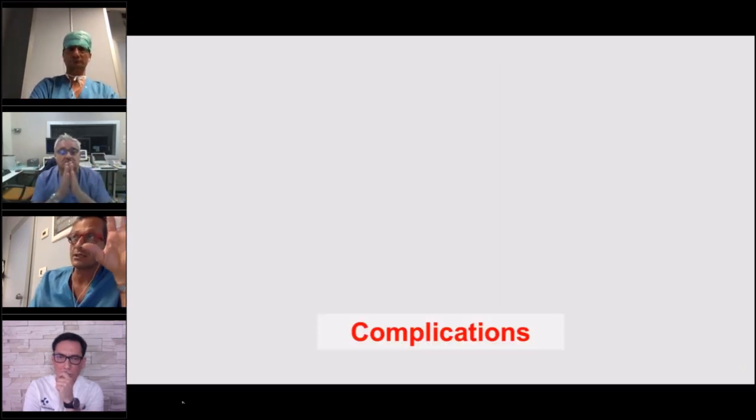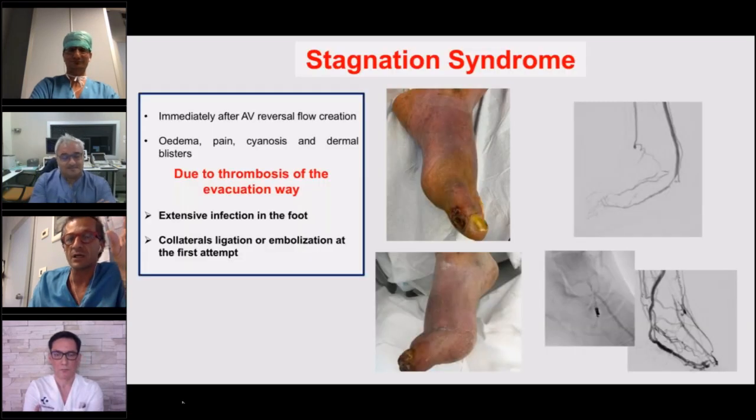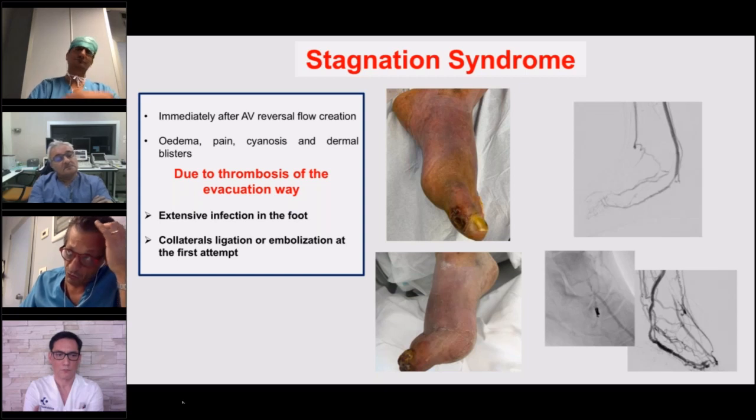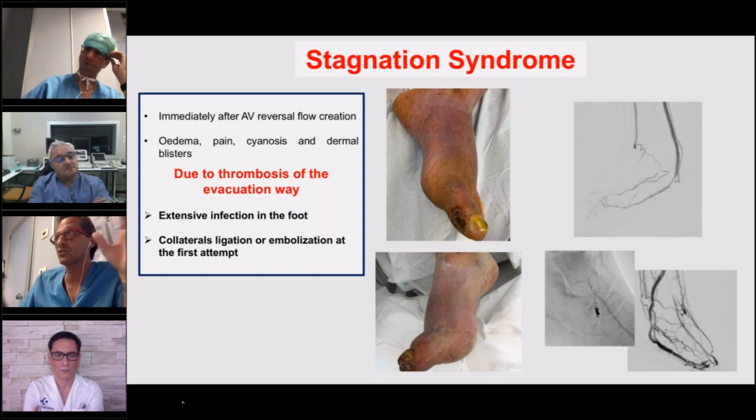Of course, this type of treatment has some complications. The most serious complication is the stagnation syndrome. This stagnation syndrome appears usually during the first 24 hours after arterialization due to the thrombosis of the evacuation system, the evacuation way.